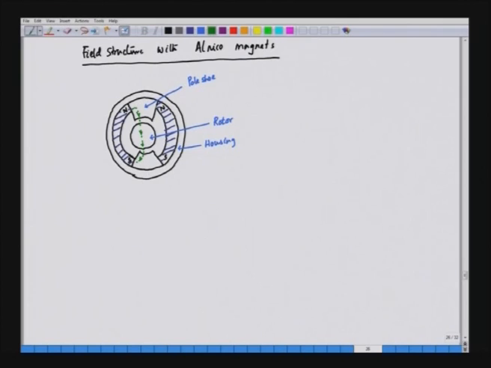Similarly, the flux line will come out of the north pole, pass through the pole shoe, enter the rotor core and then return through the south pole. So, these are the flux lines in this motor, where the magnets are basically long magnets.